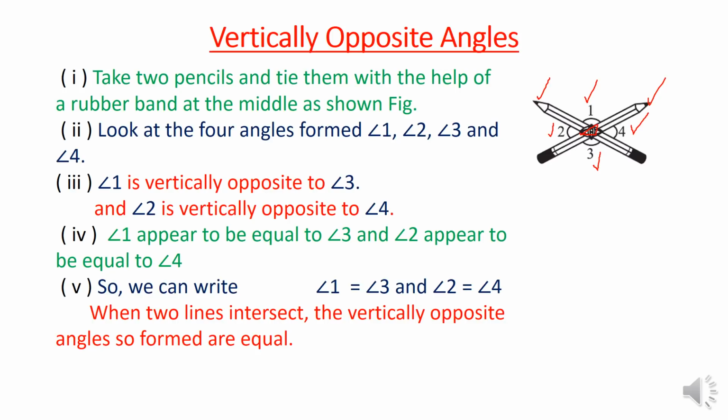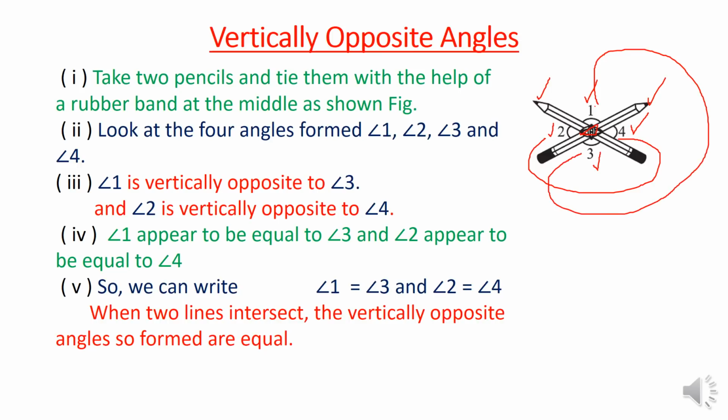Angle 1 is vertically opposite to angle 3, and angle 2 is vertically opposite to angle 4.